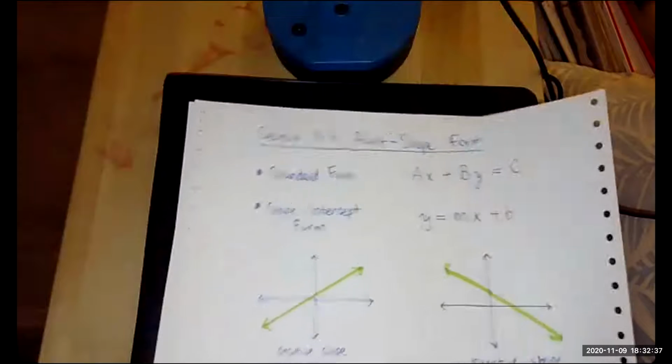Okay. Another thing that we found was that all this terminology has the word slope in it, so you have to be very careful with these things.